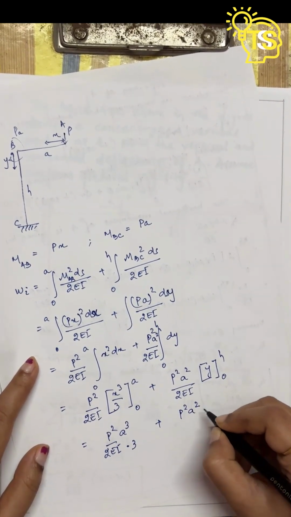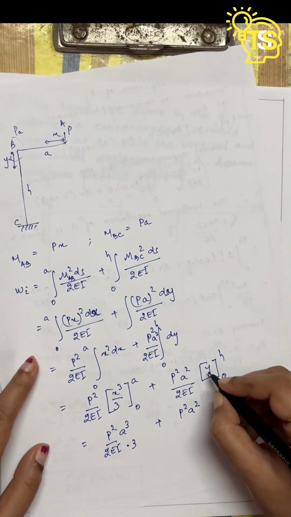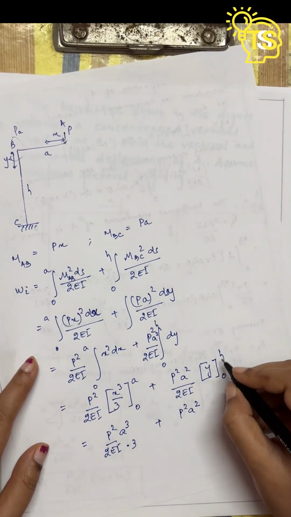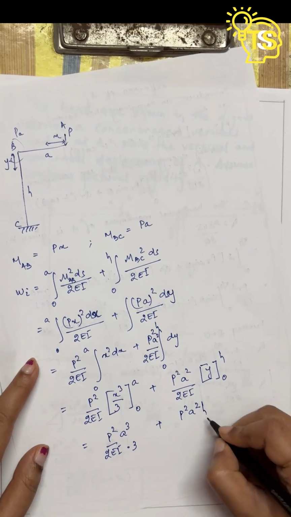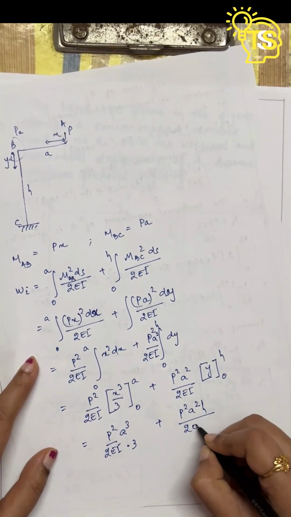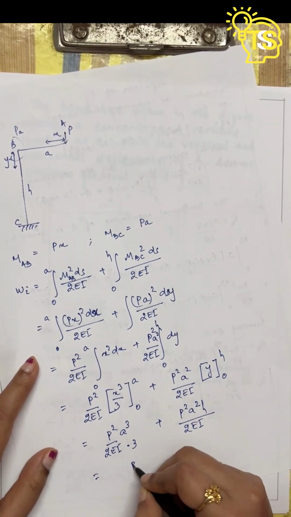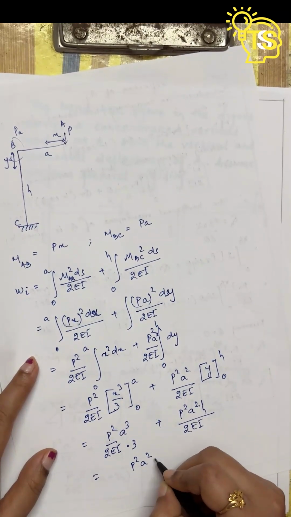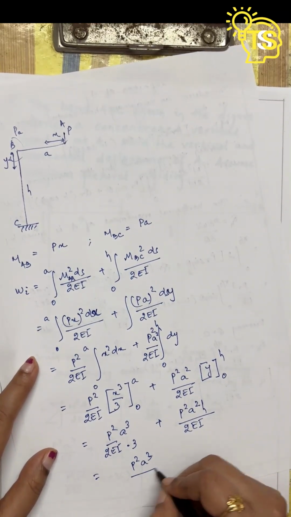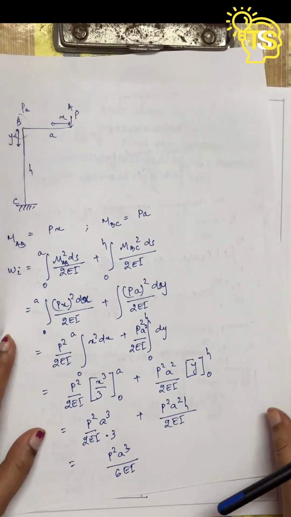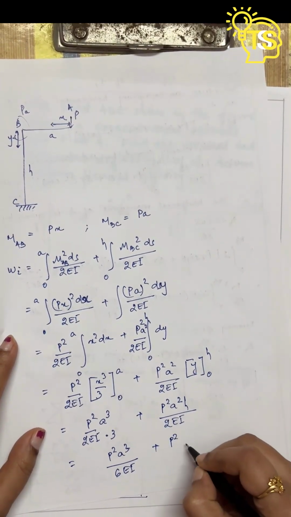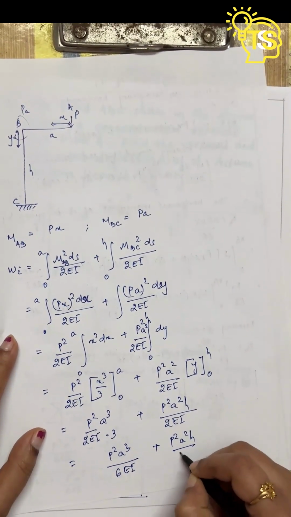Here we got P square a square, and on y we put the value, that is h minus 0, that is h, upon 2EI. Now the final value we got is P square a cube upon 6EI plus P square a square h upon 2EI.